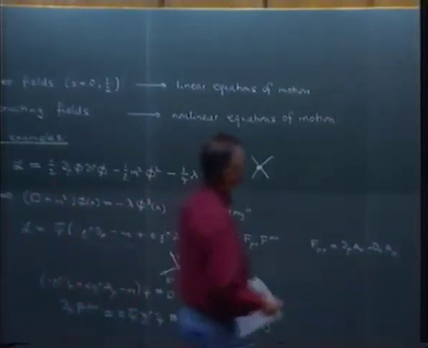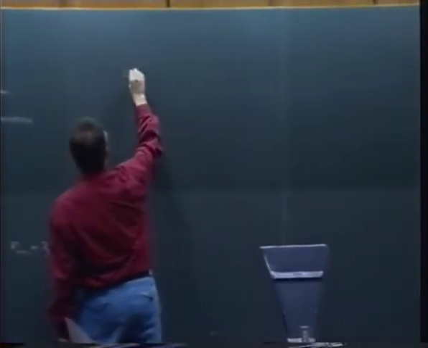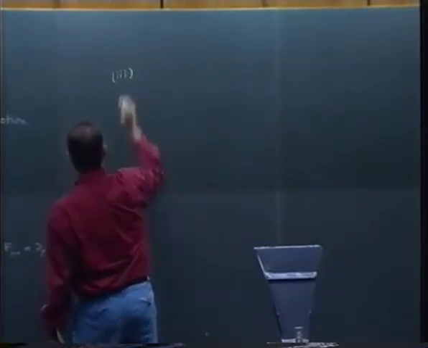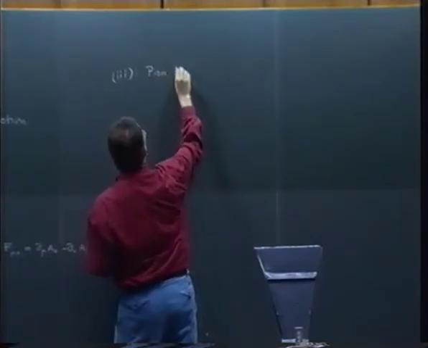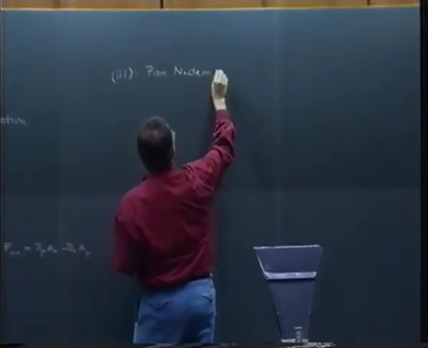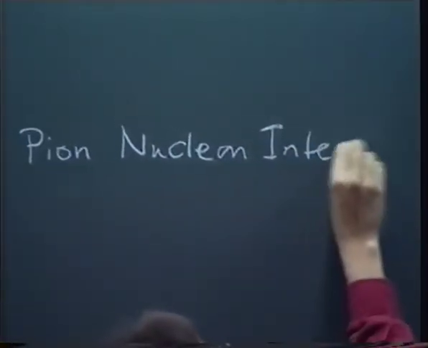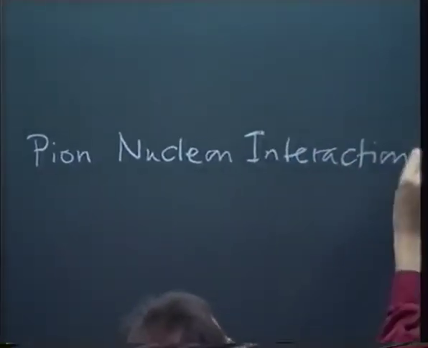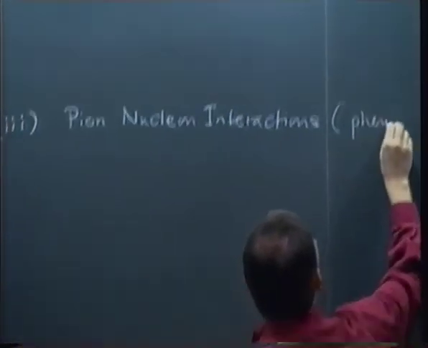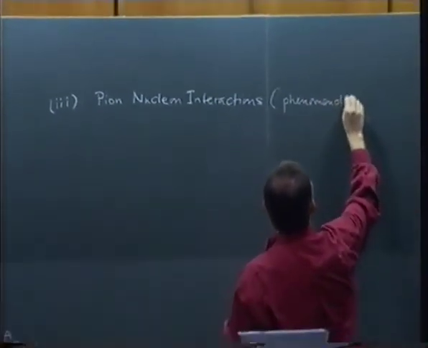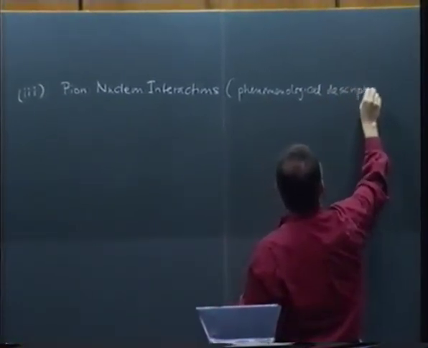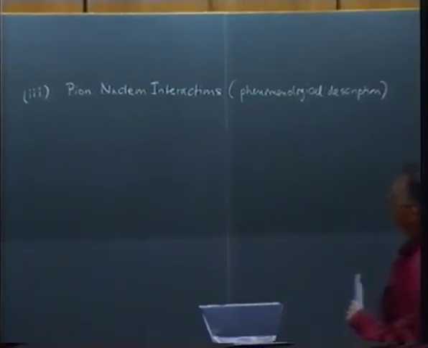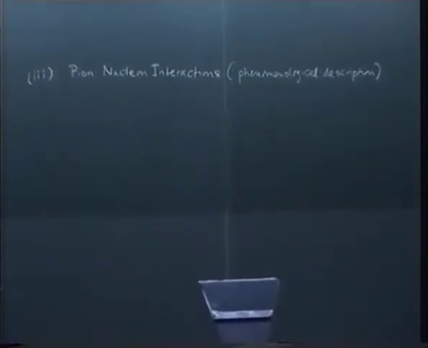Now I have another example, a bit old-fashioned, but this is a description of pion-nucleon interactions. It's a sort of phenomenological description. Well, in the old days, people were studying scattering of protons and neutrons.